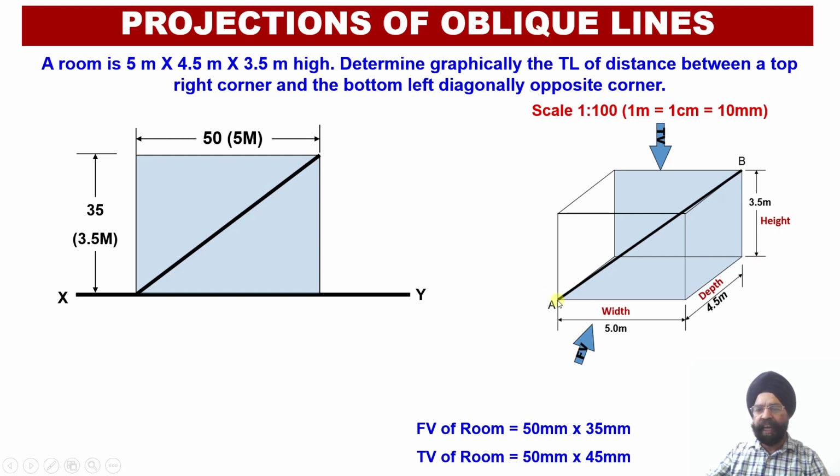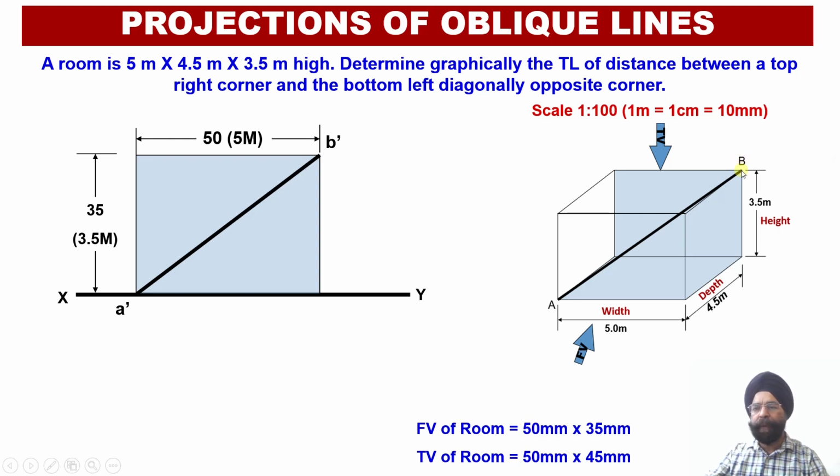And as we can see, point A lies in the leftmost bottom corner of this particular room. So corresponding to this point A, in the front view, we will be able to obtain point A dash over here. Similarly, point B lies on the rightmost corner of this particular room at the top portion over here.